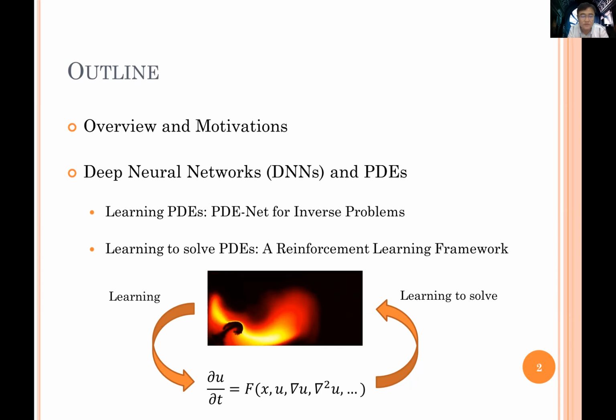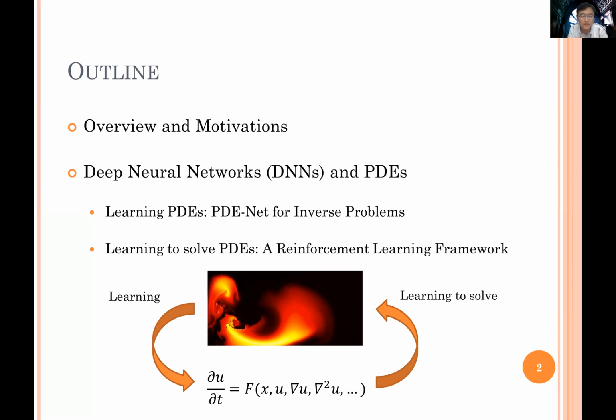And recently I got interested in PDE-related inverse problems as well, and they are quite related to each other. So today I'm going to cover some of our work from about 1 or 2 years ago, and I have some new results, so I'll also briefly discuss them.